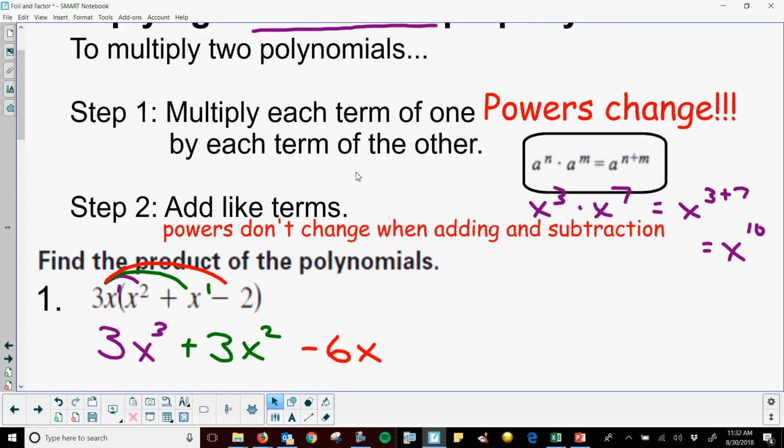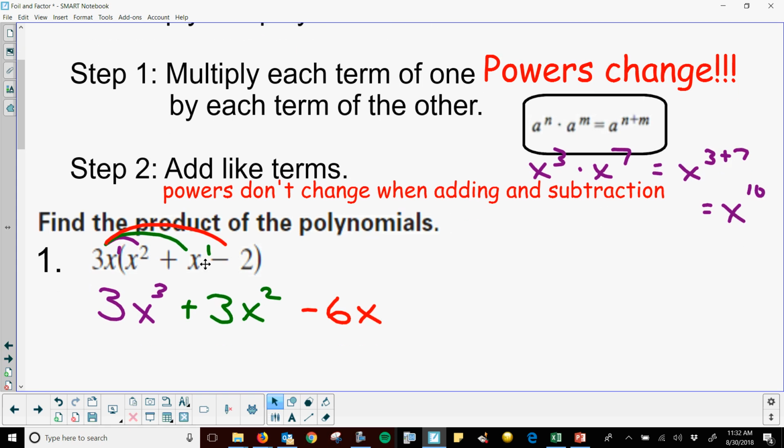Here's some more distributing. Just remember, when you have variable times variable, you really just add the exponents together. So x to the 3rd times x to the 7th is x to the 10th. When you do x times x squared, 1 plus 2 becomes 3. All you have to do is multiply the big numbers and then add exponents every time.